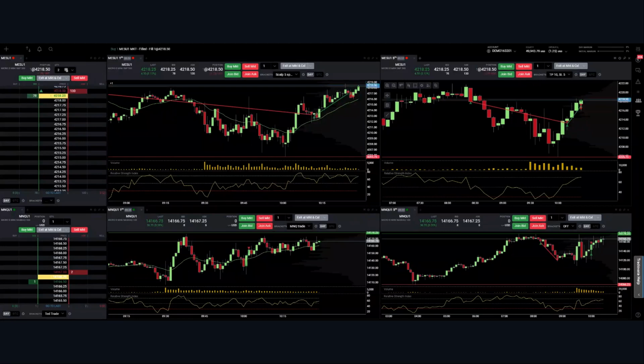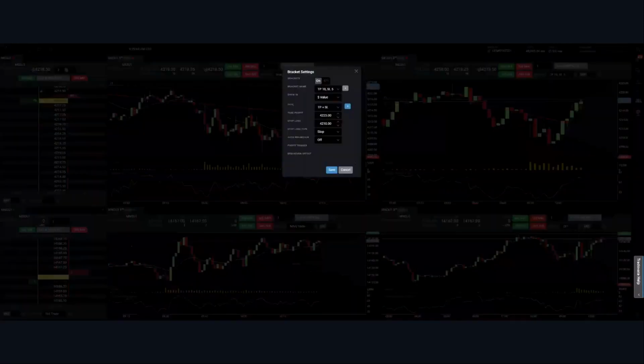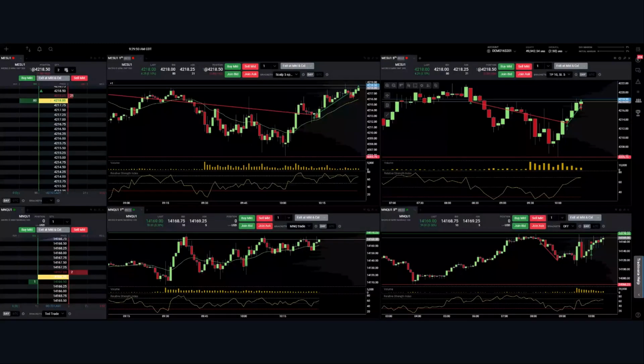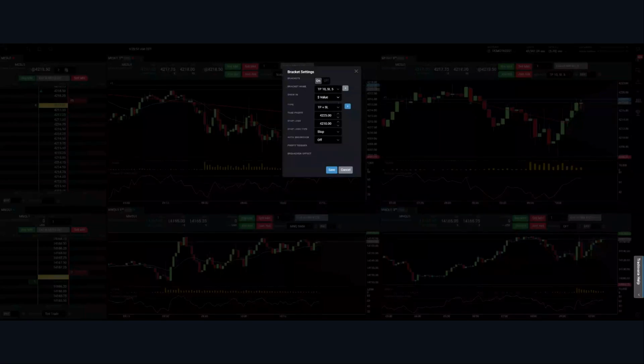Stop filled. All right. So we have one position on. And so this, we should have 42. Let me see here. Brackets for 42.10, 42.25, 42.10. So yeah, for some reason, it's not working. So I must have put in the bracket order incorrectly here, but it's based on value.